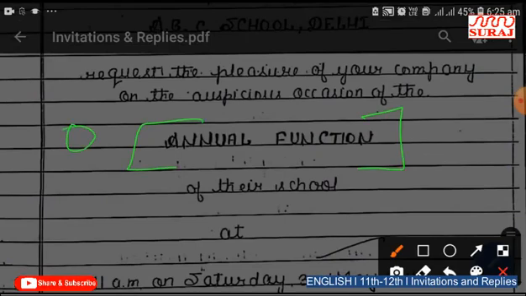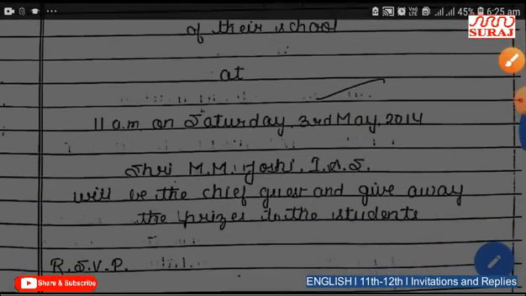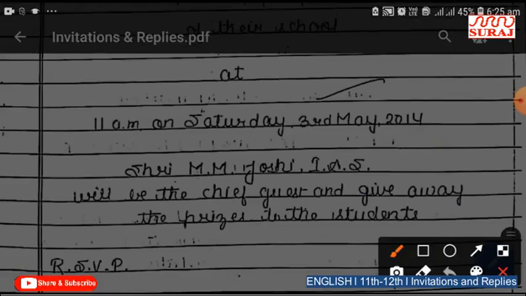After the occasion, you should mention details of their school at 11 a.m. on Saturday 4th Feb 2022. Shri M.M. Joshi IAS.